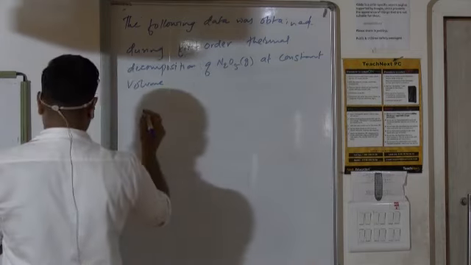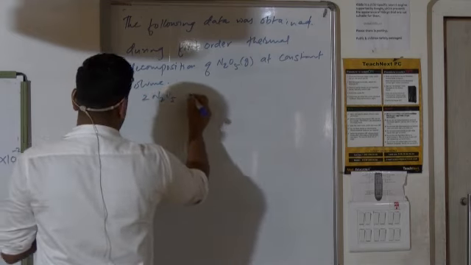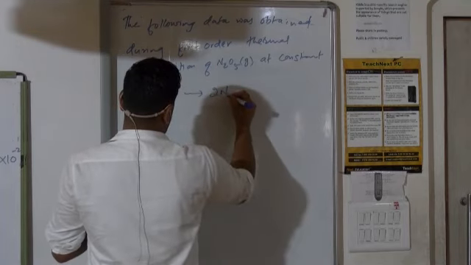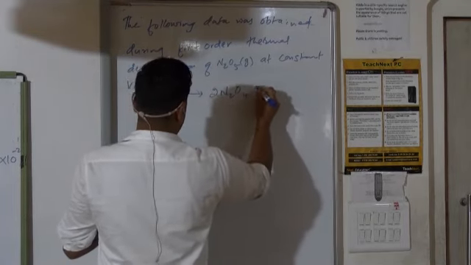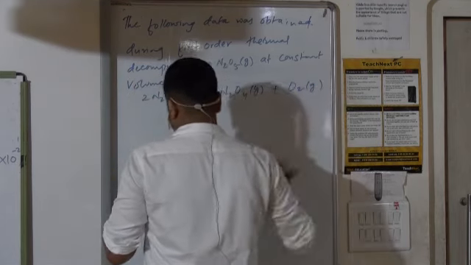The reaction goes like this: 2 N2O5 producing 2 moles of N2O4, that is gas, plus O2 gas.